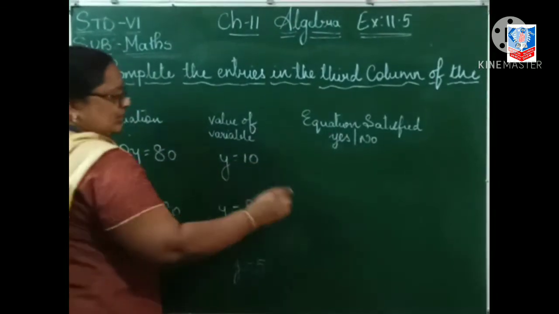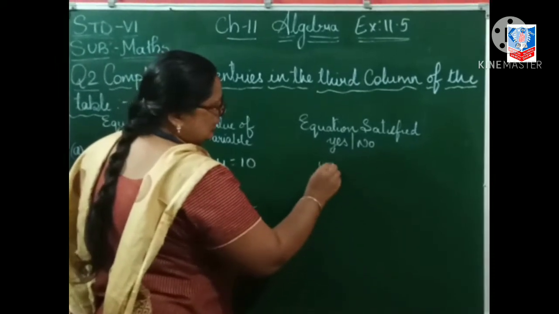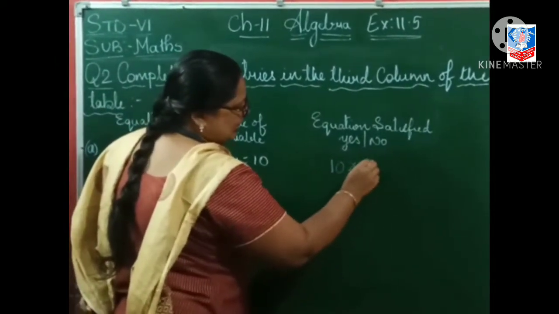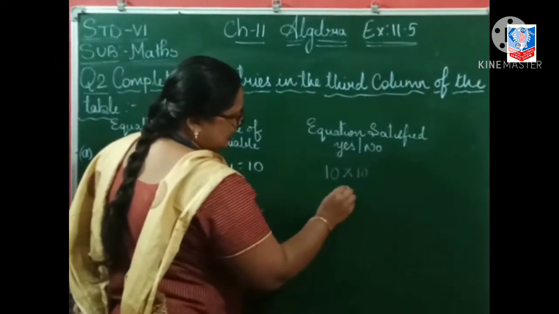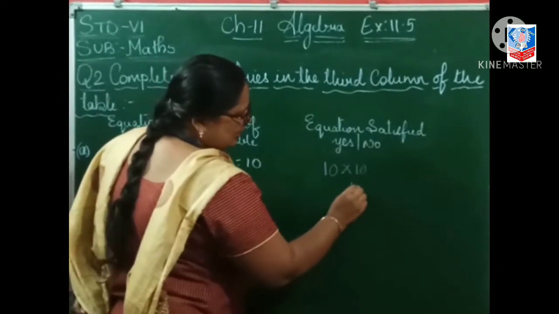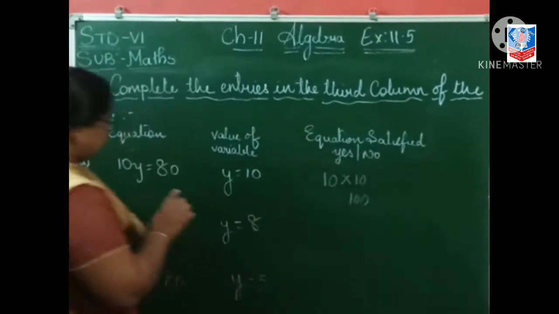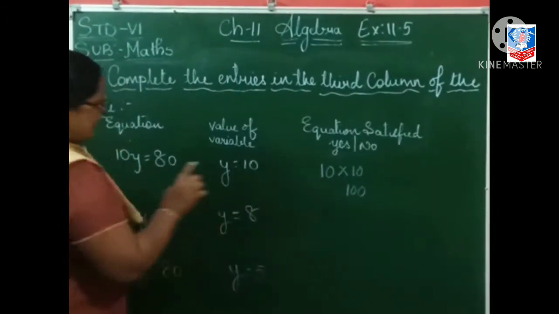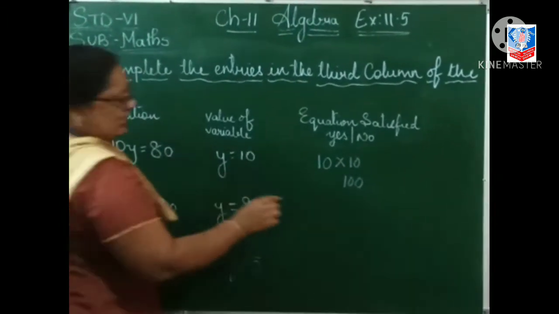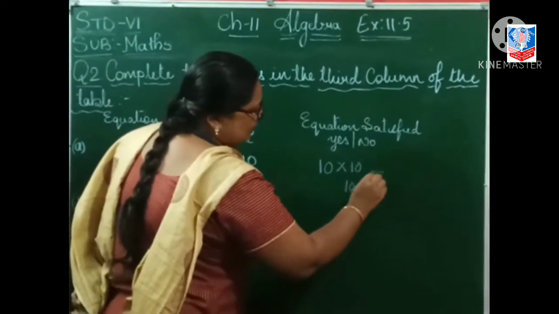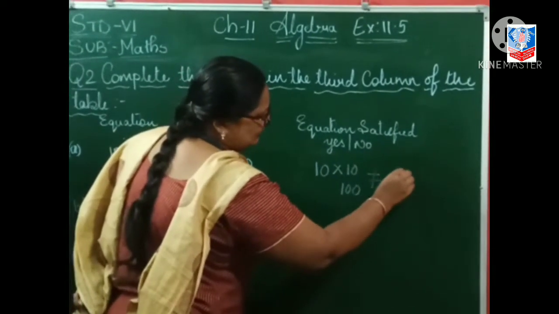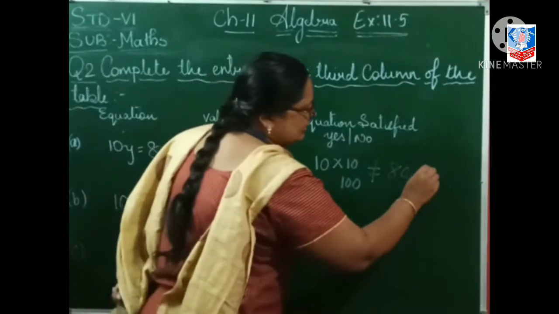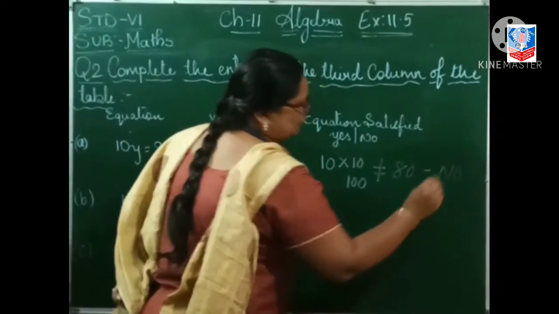Value of y is 10. So 10 into 10 is 100. This is our left hand side. So left hand side is 100 and right hand side is 80. That means our equation is not satisfied. So we will write here no.